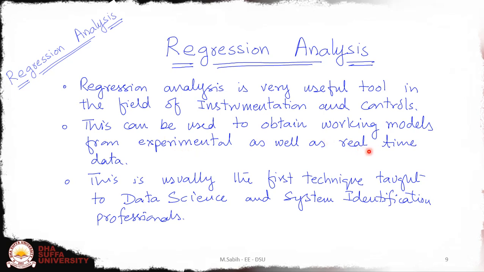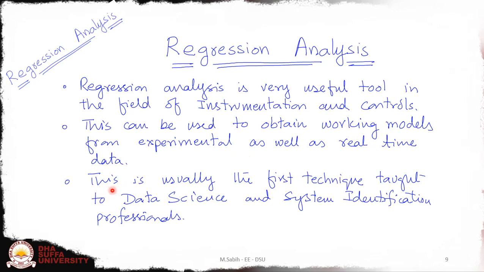Real-time data is, for example, when you have a plant running continuously and you continuously get data from the instrument, and you do a real-time analysis to know about, for example, the continuous drift or some other nonlinearity, and then it is used in developing some advanced algorithms like model predictive control or advanced process controls.